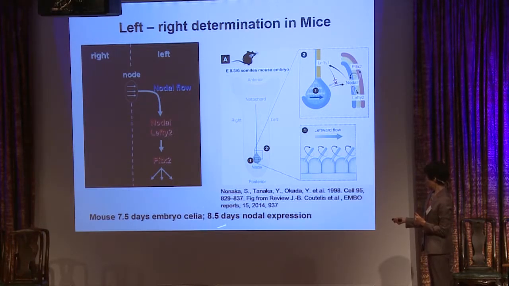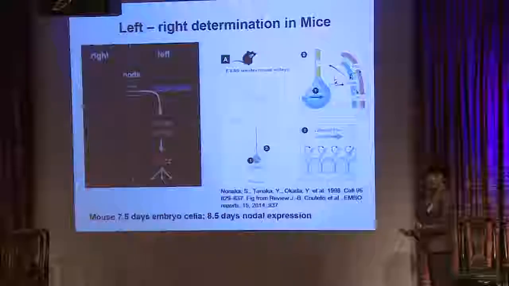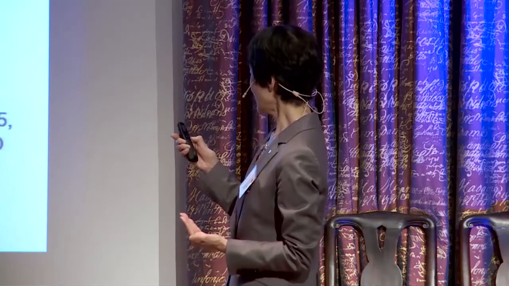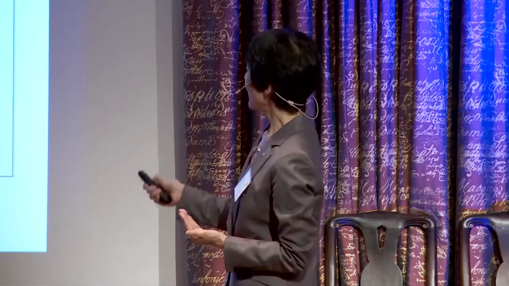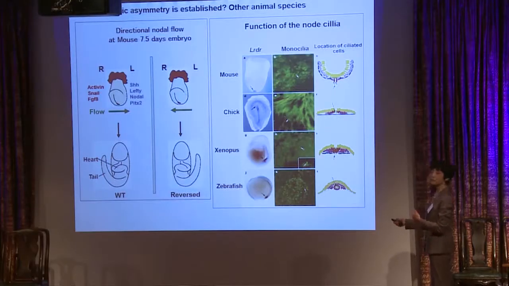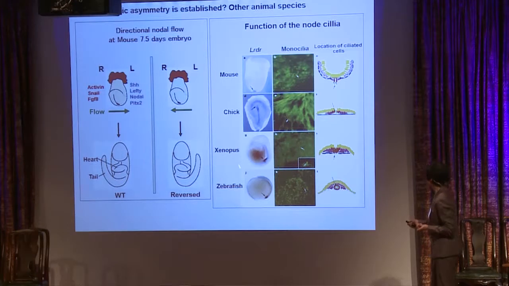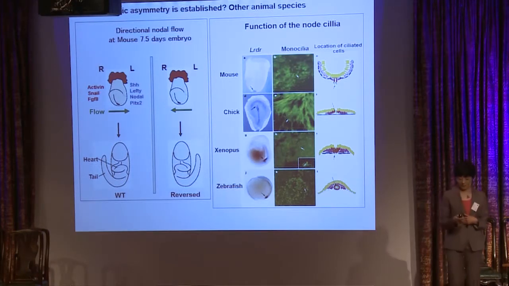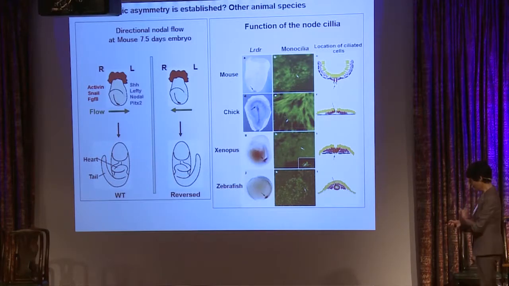At 8.5 days, the nodal appears on the left-hand side, and the PTX, that determines the body-handedness. And it has been known that if they change the direction of flow, this is a very nice work by Nonaka, the Japanese researcher, it will change the chirality. So mouse, chick, Xenopus, zebrafish, but not known for the invertebrates, or some invertebrates, not for this class.